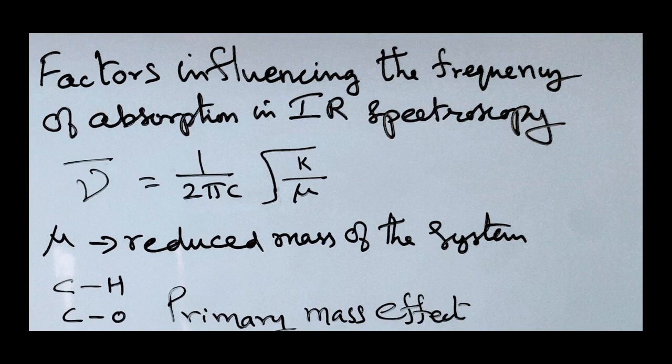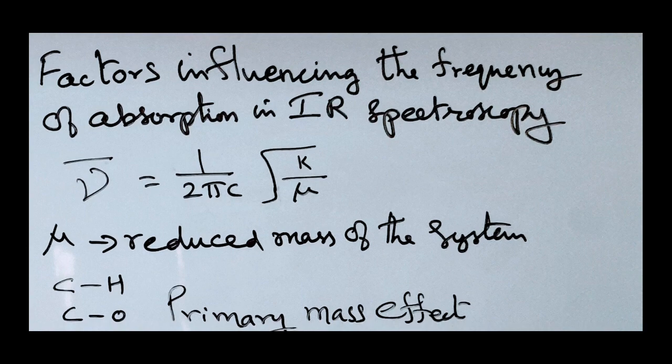Further, the strength of the chemical bond is influenced by various factors. Electronic effects are operating. Mesomeric or resonance effects are operating. The change in the hybridization also affects the strength of the chemical bond. There are also bond angular changes.